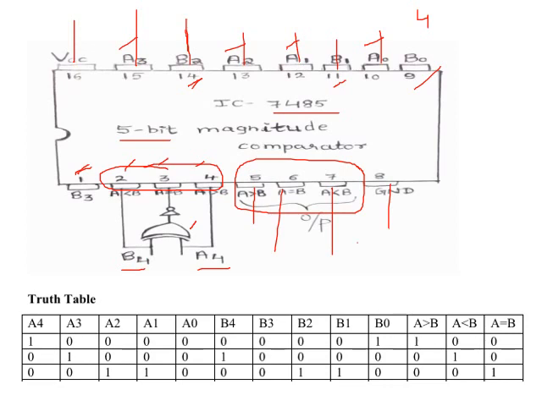Whenever A4 and B4 are 0, 0, the output of the XNOR gate will be 1. Similarly, whenever A4 and B4 are 1, 1, the output of the XNOR gate will also be 1.